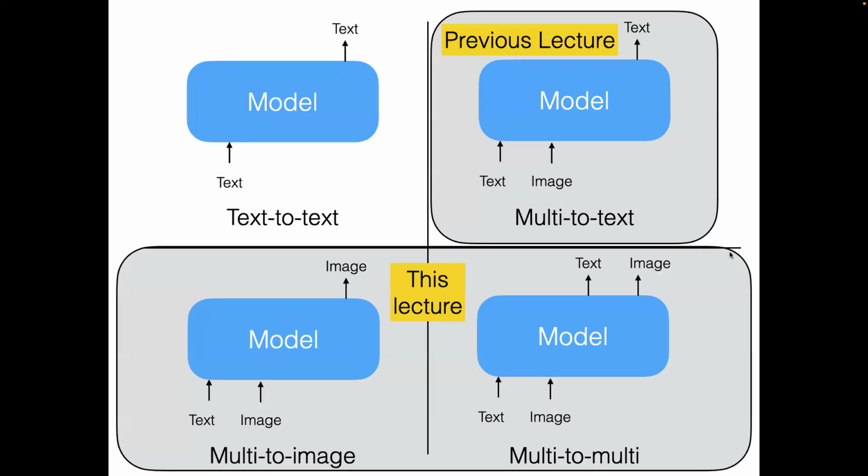If you remember in the last lecture, we really focused on models up in this corner that take in text and images, and then just produce text. So today we'll focus on ones down here. First we'll talk about ones over here that can generate both text and images.